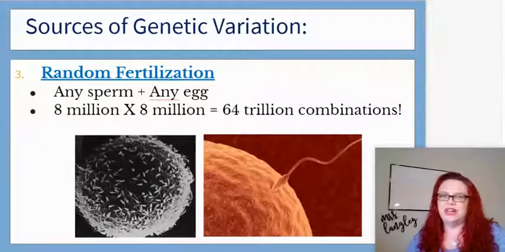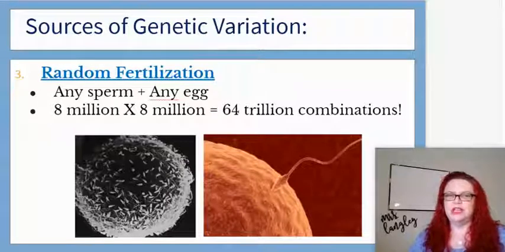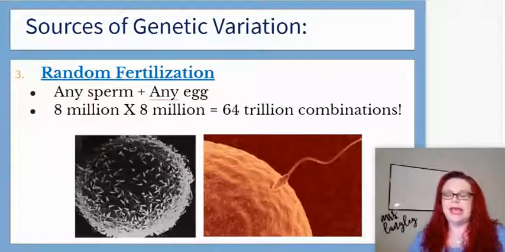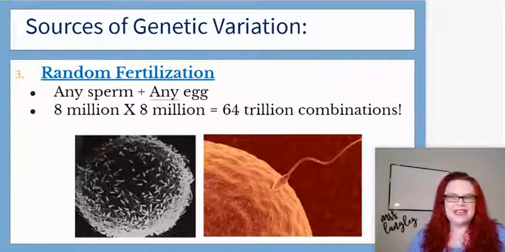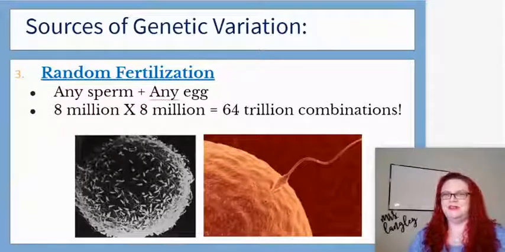And our last source of genetic variation is random fertilization. Random fertilization means that any egg meets with any sperm, and it's random. An egg or a sperm has 8 million different ways it can be made, for humans. So one egg has 8 million ways it could be made, and one sperm has 8 million ways it could be made.